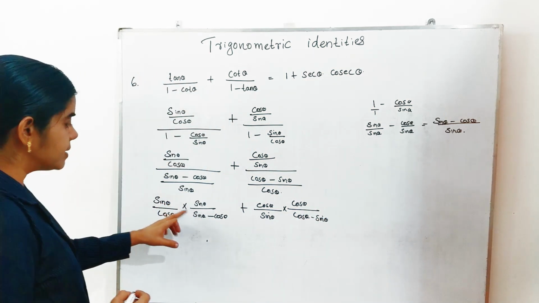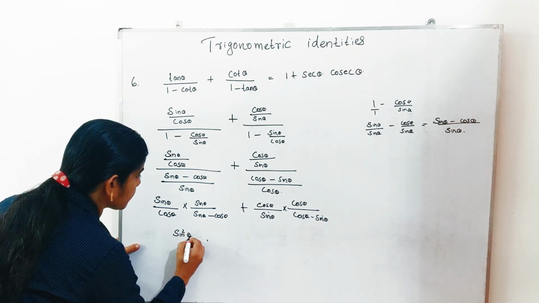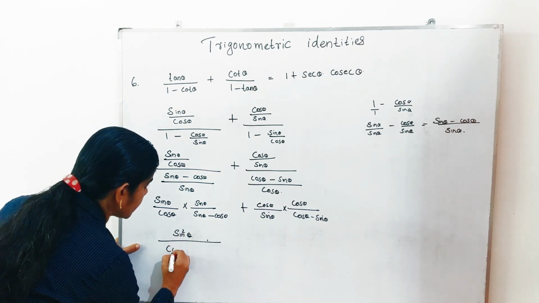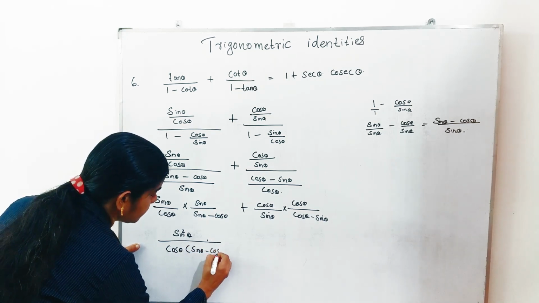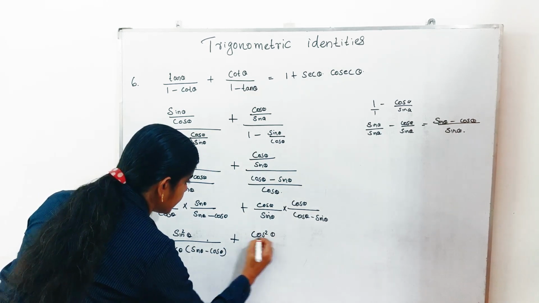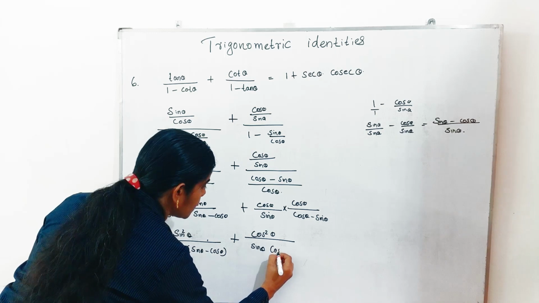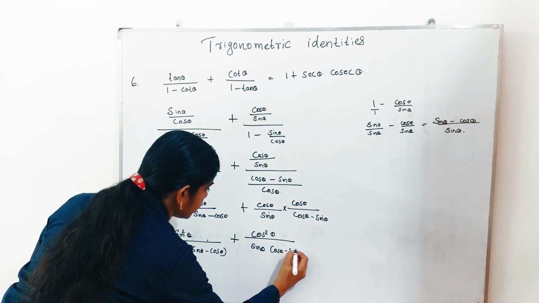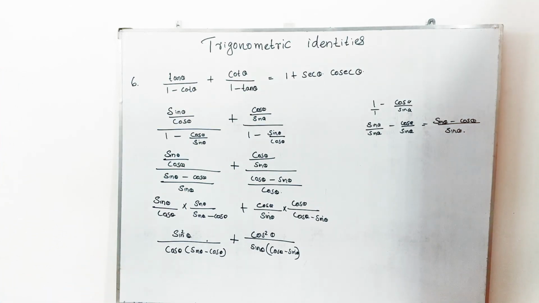So you will get sin square theta by cos theta into sin theta minus cos theta, plus cos square theta divided by sin theta into cos theta minus sin theta. This is what we get after simplification.